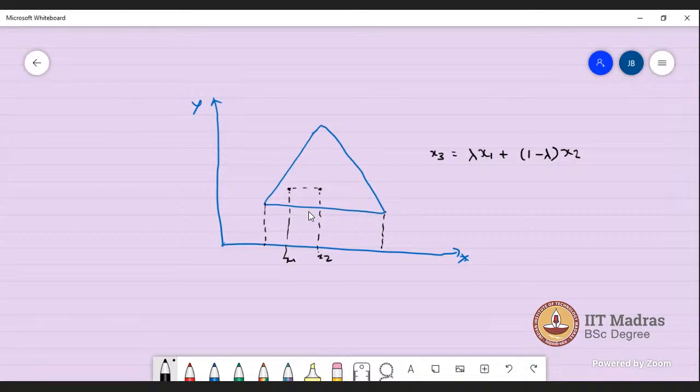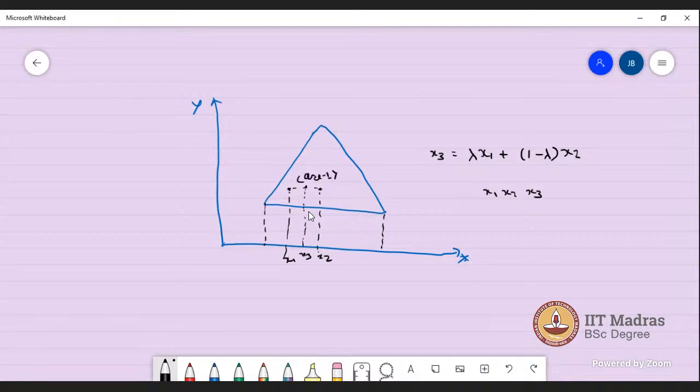But in this question, it is already mentioned that x1, x2, x3 all belong to this set S. So let's say x1 is here, x2 is here, and x3 can be at any place. We will take two cases. In the first case, x3 is here, in case 1.